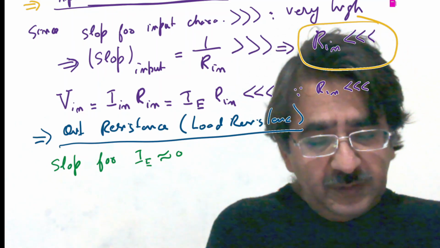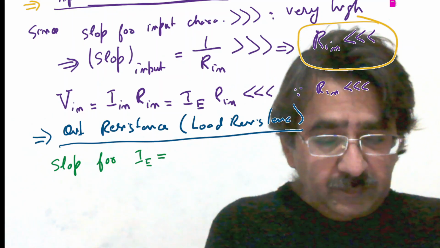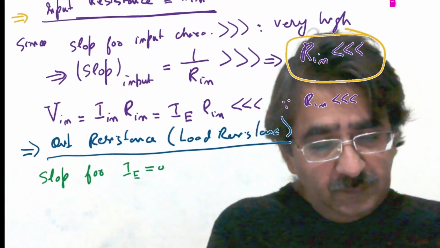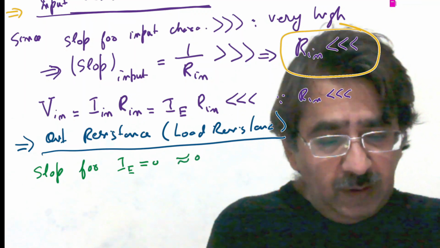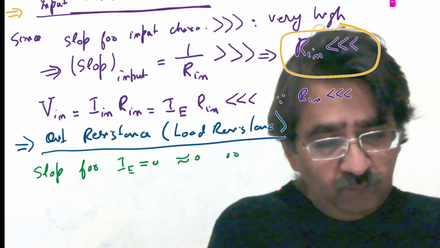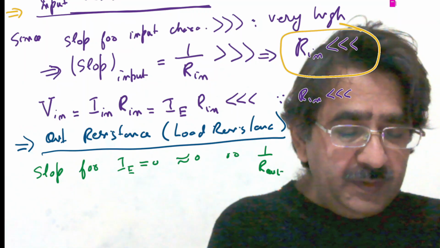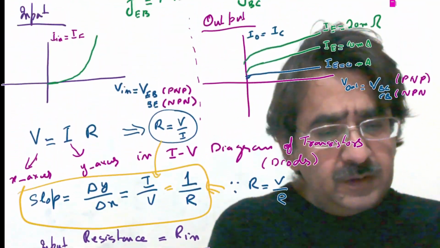For IE approximately equal to 0, the output will be nearly equal to infinity.